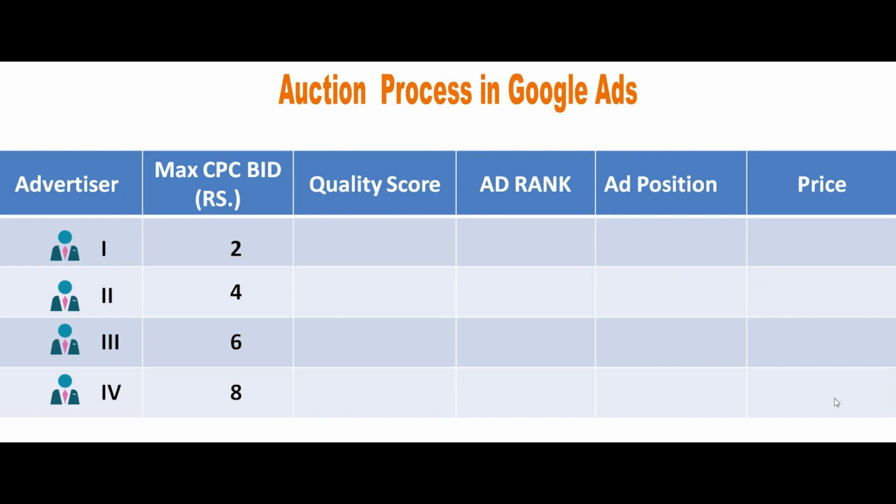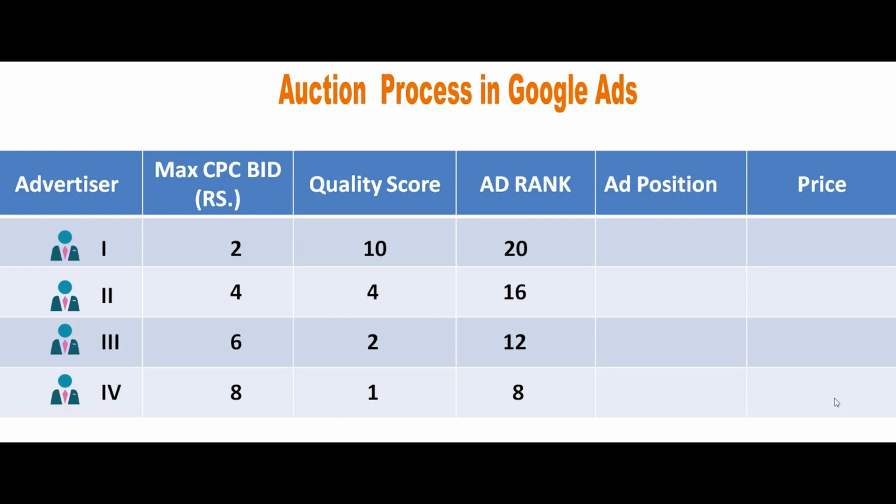The quality score of the first advertisement is 10, followed by the second, third, and fourth advertisements. On the basis of these two parameters, ad ranks will be calculated by multiplying the maximum CPC bid and the quality score. It is 20 for the first ad, 16 for the second, 12 for the third and 8 for the fourth ad.